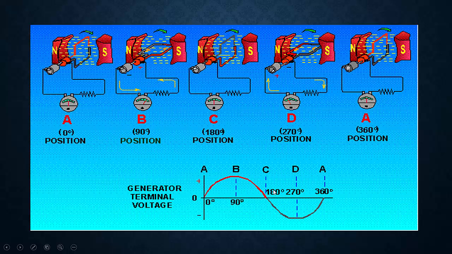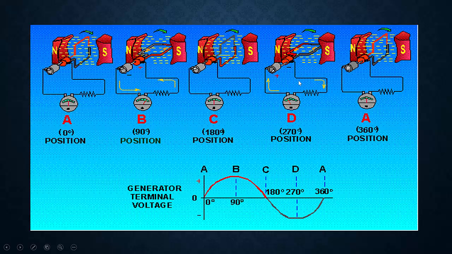When the coil gets turned by 270 degrees from its initial position, let's calculate: first it was at 0, then 90 degrees plus 90 degrees, 180 degrees, again 90 degrees, so a total of 270 degrees turned. When the coil gets turned by 270 degrees from its initial position, as shown in this figure, the EMF induced in the coil is maximum because the rate of change of magnetic field is again maximum at this instant.